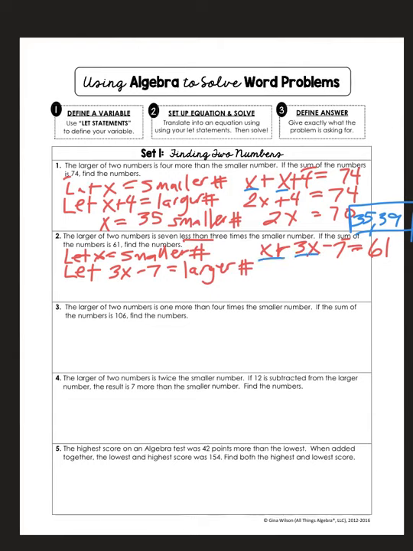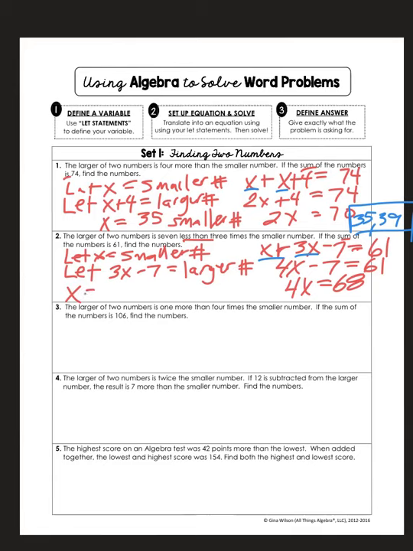And we can combine like terms. x plus 3x is 4x minus 7 equals 61. Add 7 to both sides and we get 4x equals 68. And if we divide both sides by 4, see, dividing by 2 would be 34. And then if you divide by 2 again, that would be 17.